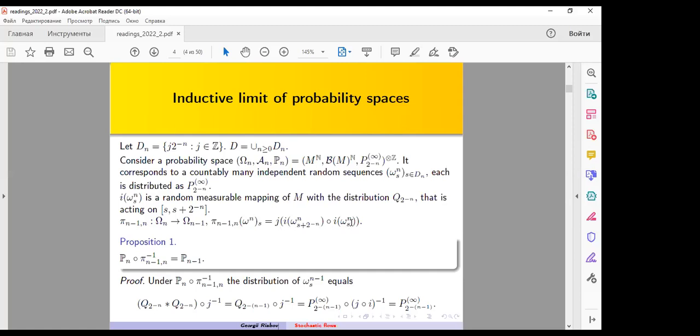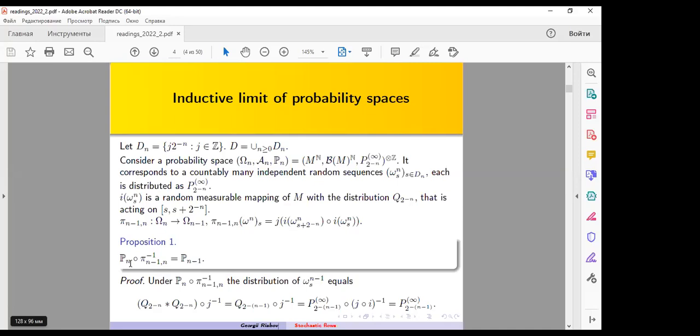So first we act by mapping I from s to s plus 2 minus n, then from s plus 2 minus n to s plus 2 minus n minus 1, and we compute the values of this mapping at zk. And it turns out that under this mapping, probability Pn transforms into probability Pn minus 1.